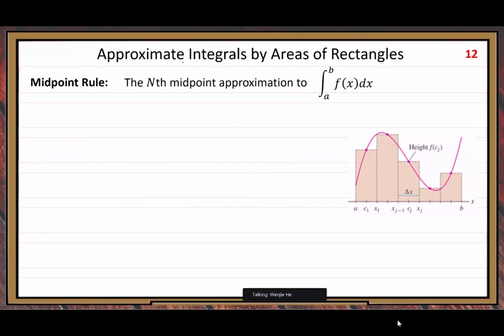Can this positive, negative cancellation improve the approximation? For the trapezoid method, everything is below the curve. Now we make up a little bit, some places are higher, so they make up the loss.